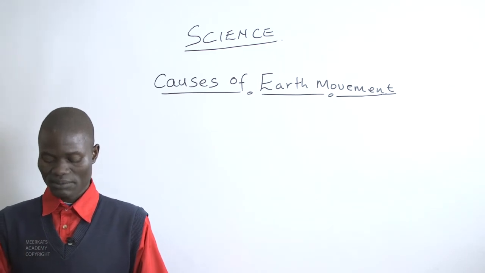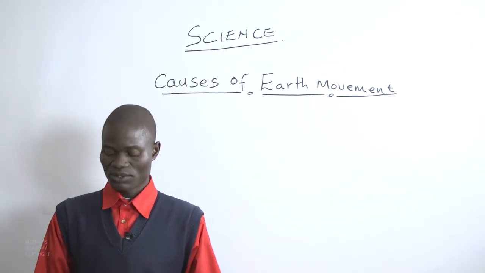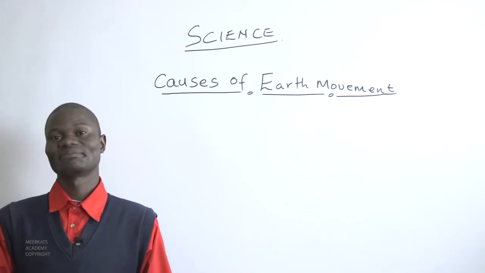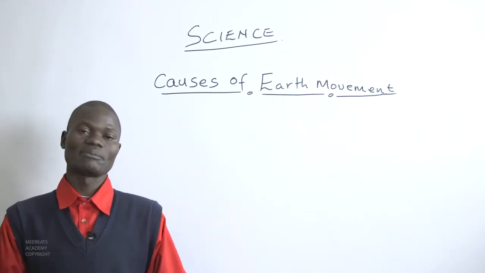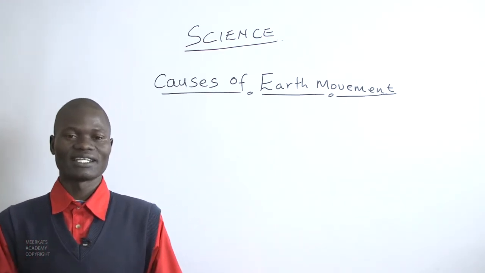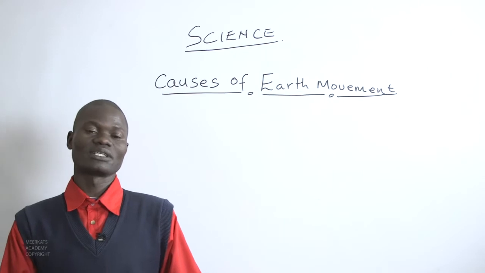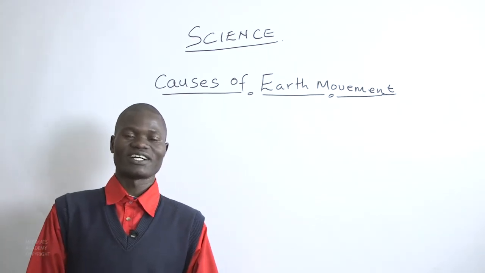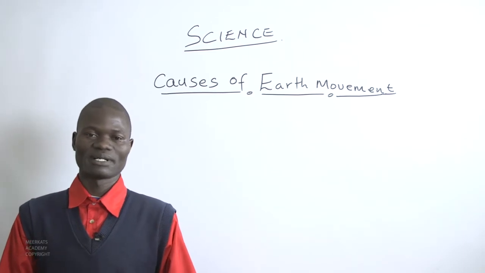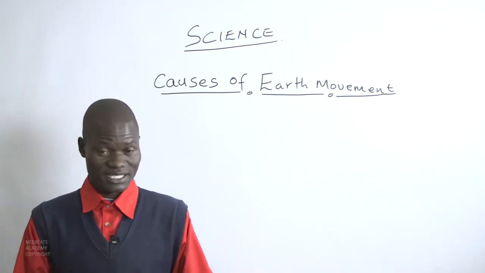It was surrounded by one large body of water that was called Panthalassa. And then Pangaea broke into two, that is Gondwanaland and the Laurentian shield, during the Precambrian period.